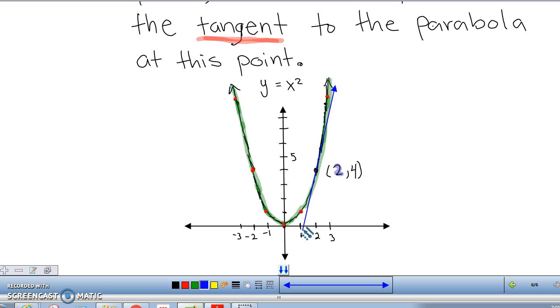It'll probably look something like that. This blue tangent line that I just drew has a slope of 4, and it's not that accurate. I'm not drawing this on graph paper, so let's leave room for error, but it does look pretty close to a slope of positive 4.